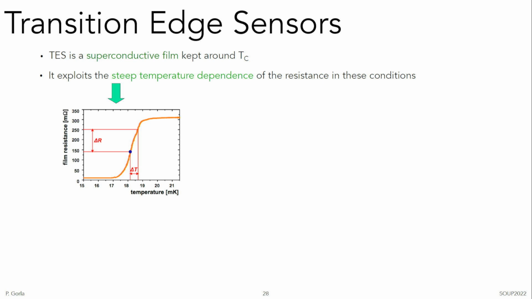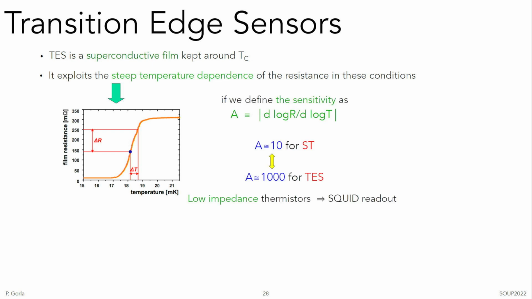So if you are able to tune the temperature of your sensor to stay in the linear part of this superconducting transition, to very small temperature variation correspond very large resistance variation. Just to give you an idea, if you try to parameterize the sensitivity of a semiconductor thermistor with respect to a TES, there is some factor of 100 in sensitivity more for transition edge sensors. So these are extremely more sensitive.